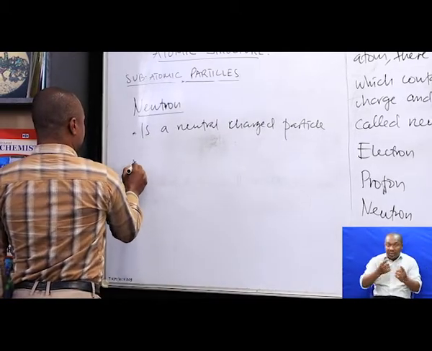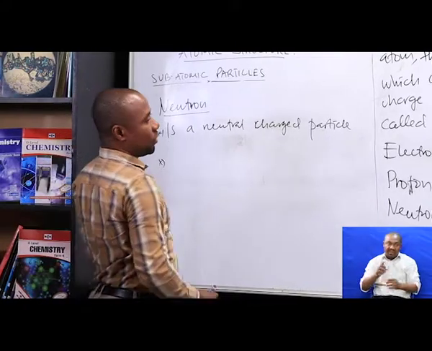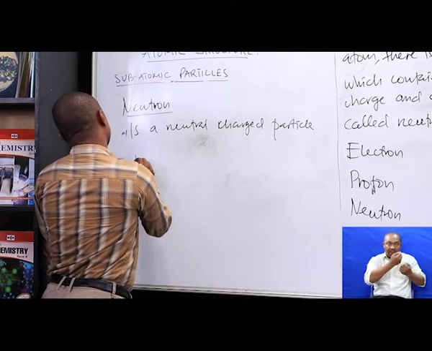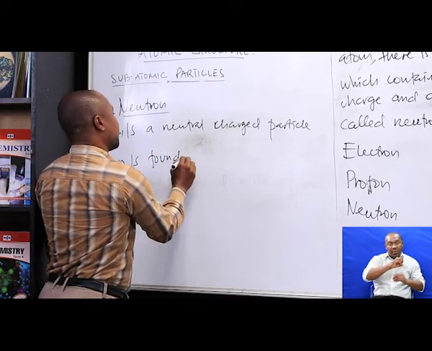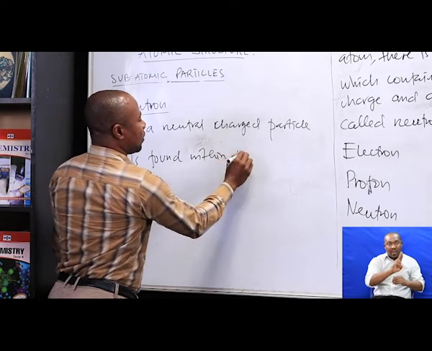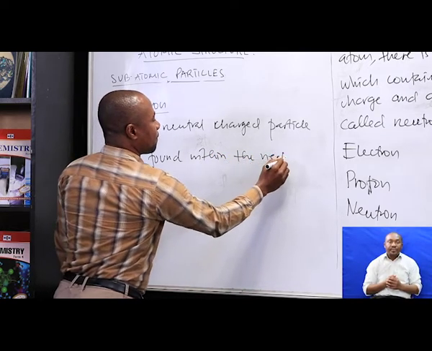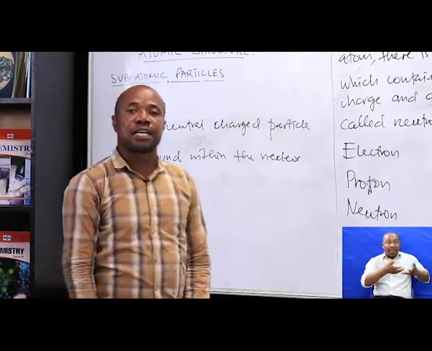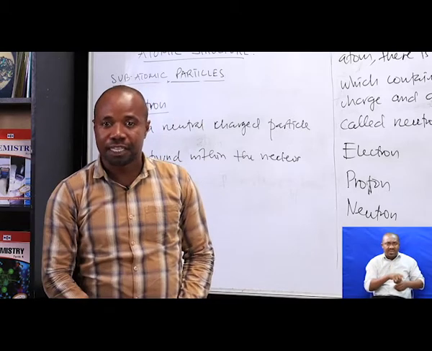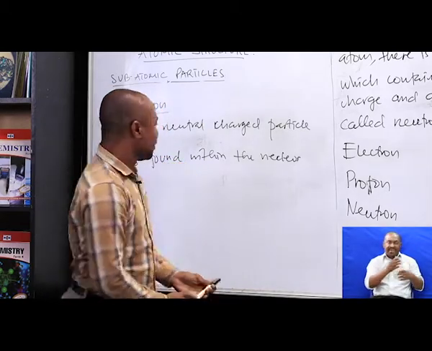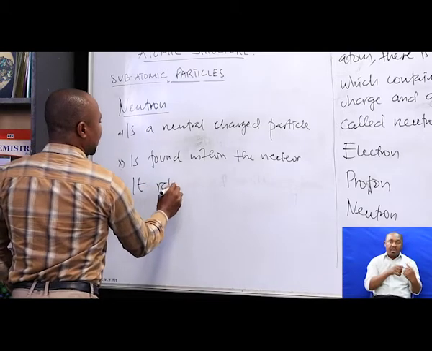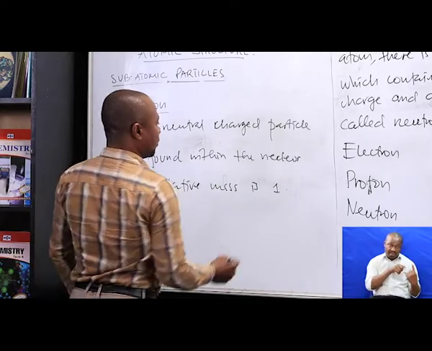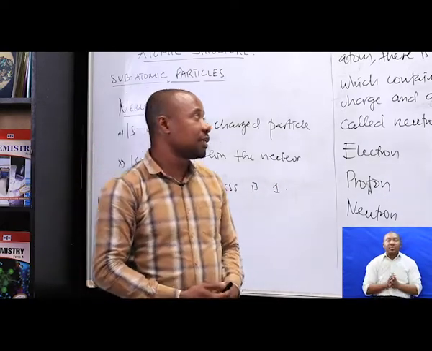Another one, neutron is found within the nucleus. Very good. And what about the mass of this particle? Its relative mass is 1. Very nice.